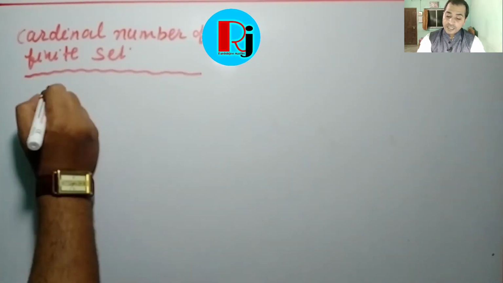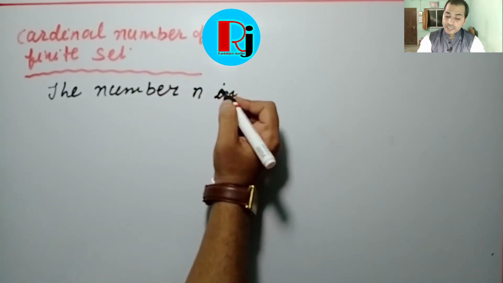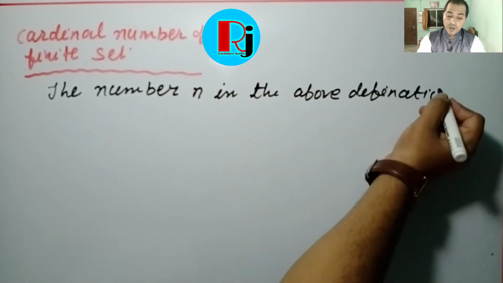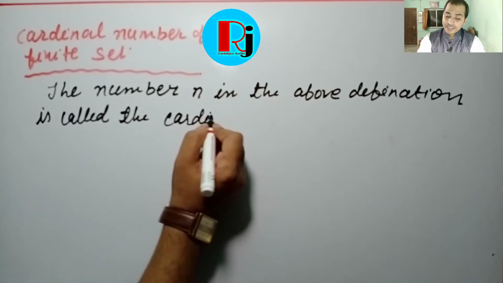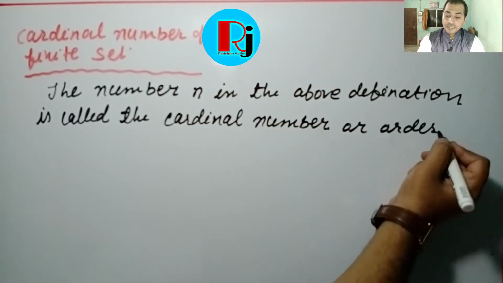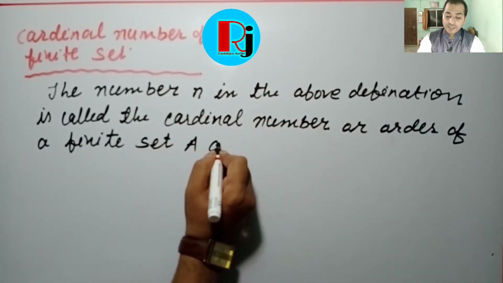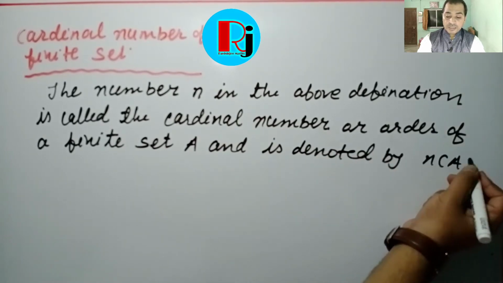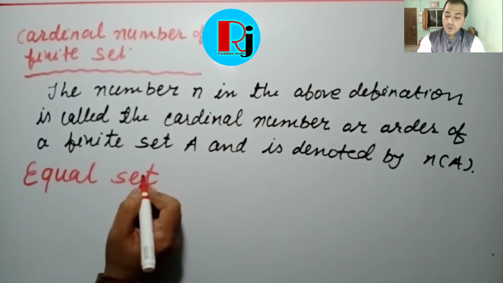Cardinal number of a finite set. The number n in the above definition is called the cardinal number or order of a finite set A and is denoted by n(A).